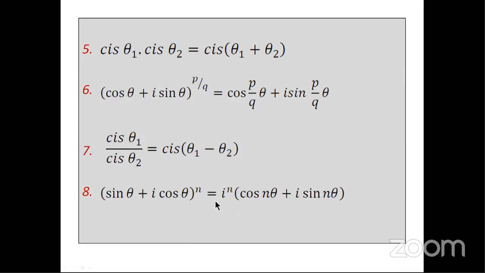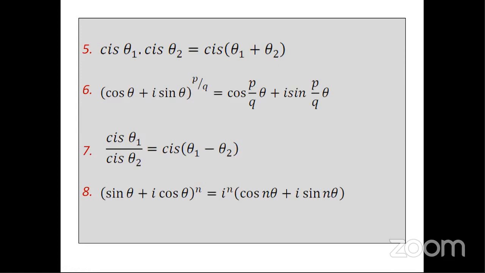That i term you are multiplying will be decided by the power n you have. If the power is 2, you will multiply with i square, and if the power is 3, you will multiply with i cube, and so on, so that you will get this form of the problem. We will look into the application of this formula in the coming classes, children.